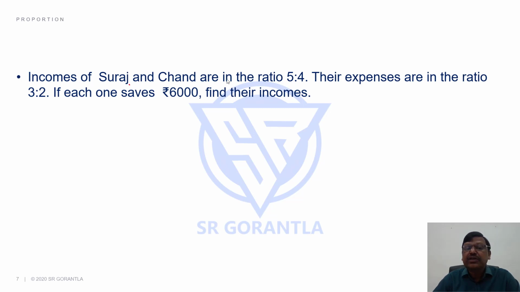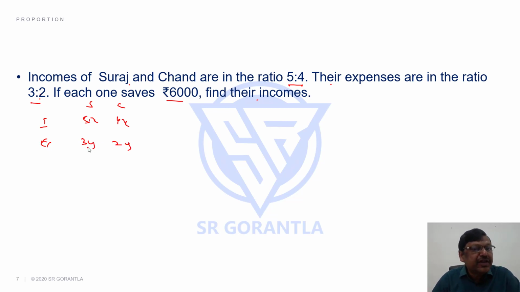Incomes of Soras and Chand are in the ratio 5:4. Their expenses are in the ratio 3:2. If each one saves 6,000, find their incomes. Now here, incomes are in the ratio 5:4, so we can write incomes as 5x and 4x. The expenses are in the ratio 3:2, so we can write expenses as 3y and 2y.